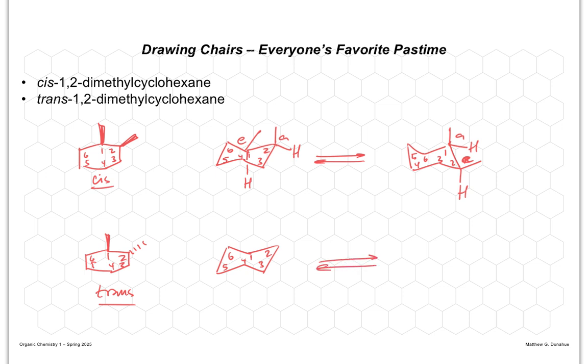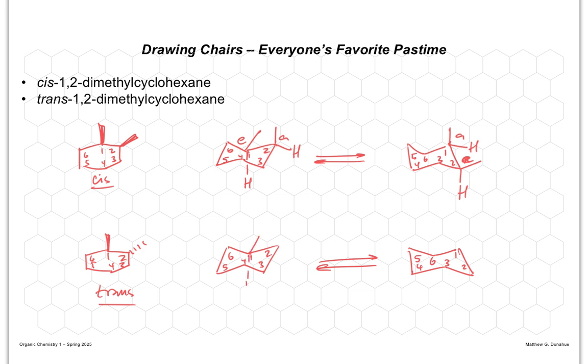So let's do the trans one. So carbon 1, notice how it's still bolded, it's pointed out towards you. So it'll be the same as the case above, it's going to be equatorial.